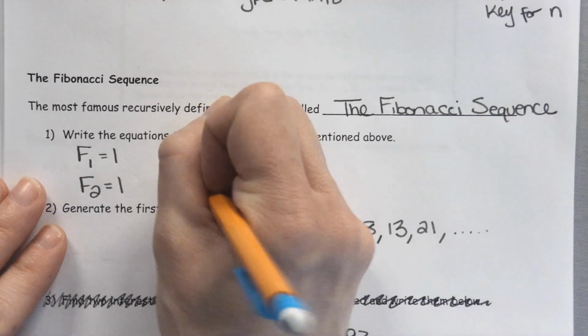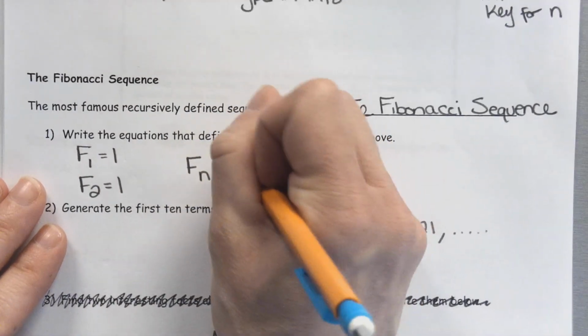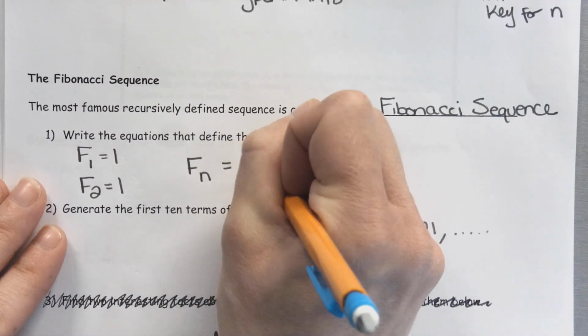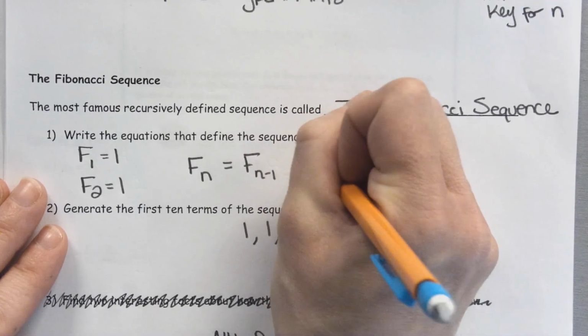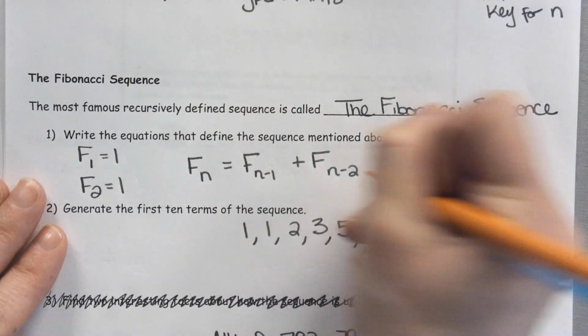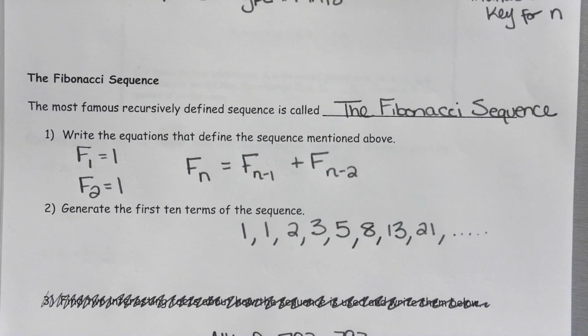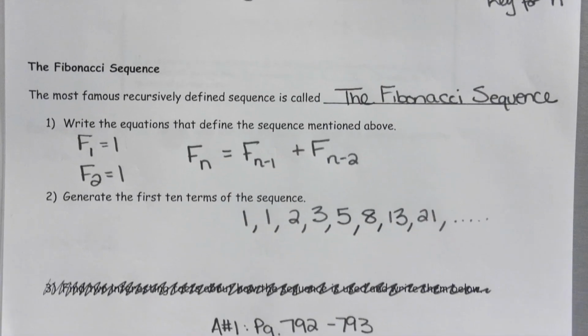Because to find the Fibonacci number sequence, this is the way we write it. We say, take the previous term and add it to the previous term. There's probably a better way to say that, but that's how I say it. So to get this, you take the 2 previous terms and add them together. And that would be your formula. Do you see it? Super cool number sequence.